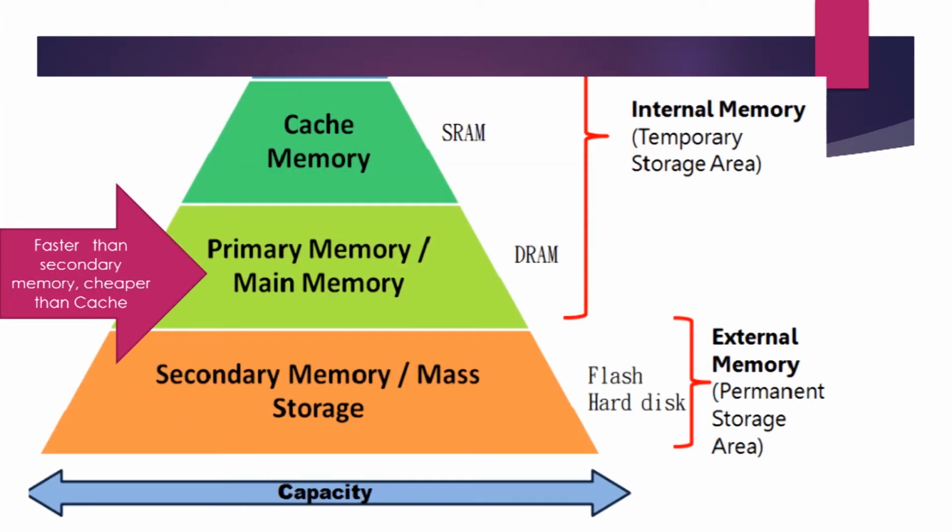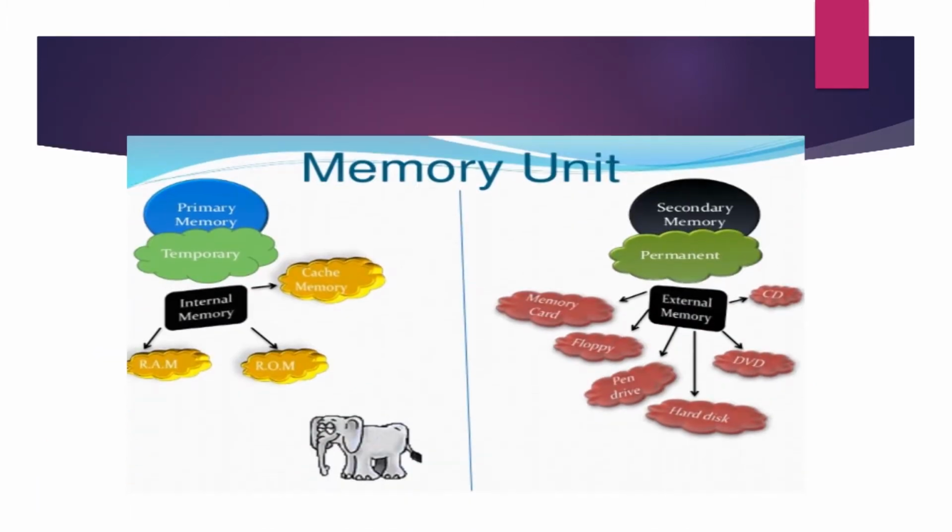Memory is characterized as primary memory, which consists of RAM and ROM; cache memory; and secondary memory, which consists of hard disk, CDs, DVDs, pen drives, etc. Primary memories are semiconductor memories, faster than secondary memories and cheaper than cache memory. Now, let's look at these memories in detail.